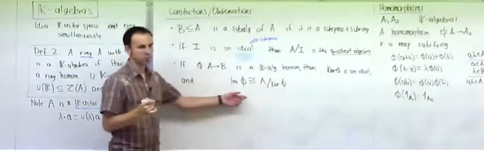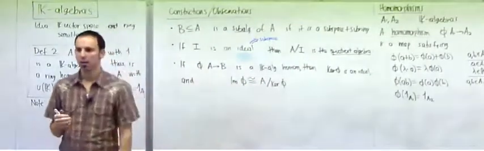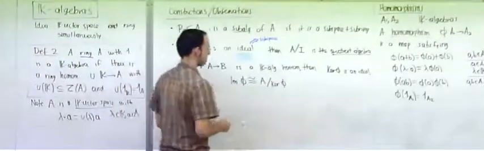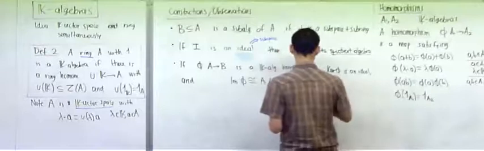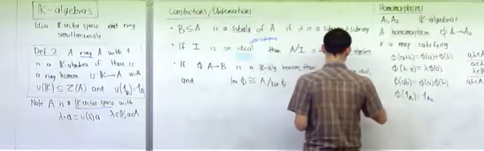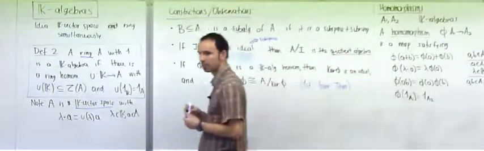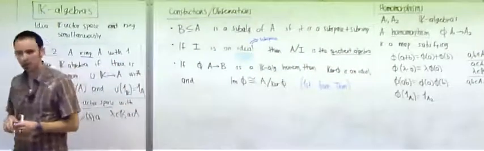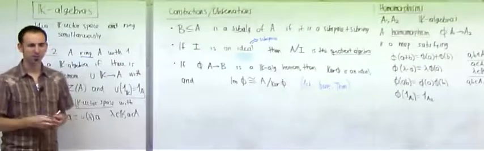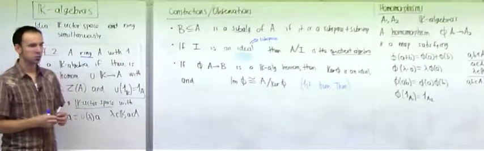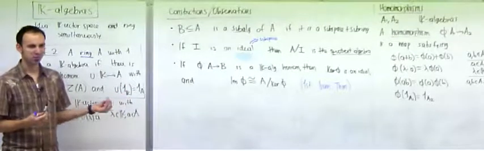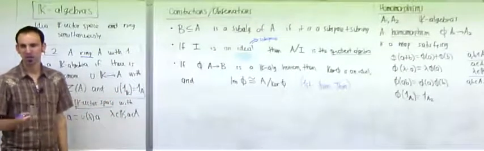The first isomorphism theorem holds, and the other ones do as well. But this is the most useful one, the first isomorphism theorem. And again, at this point you've built up enough knowledge of algebra that you should hopefully believe this and feel confident that if I ask you to write down the details, you can do it.